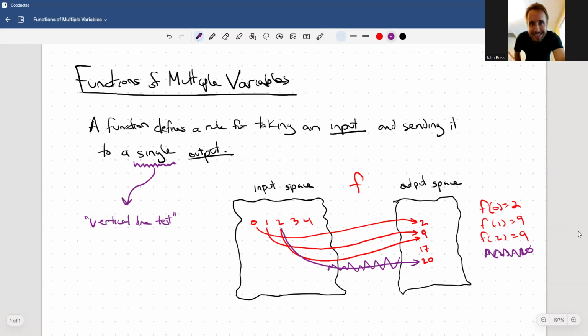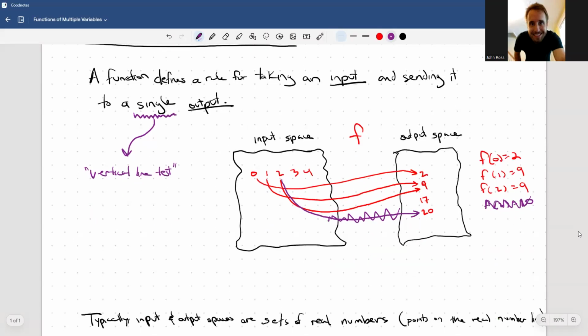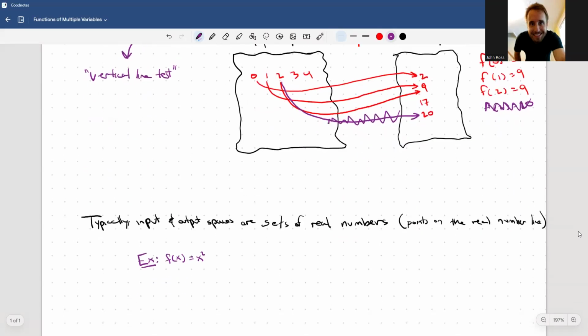Now, I'm already talking about graphs, and I'm talking about visualizing a vertical line in a graph. So right away, you have a sense that these functions are not always completely abstract. Oftentimes, we will graph these. And so I'm going to scroll down and talk a little bit about graphing. As I do, I want to talk about the typical input and output example for a function.